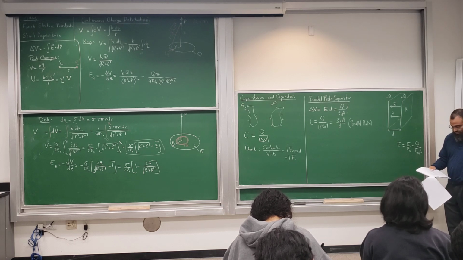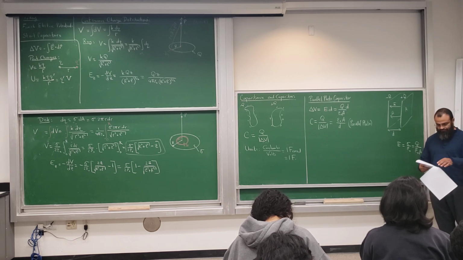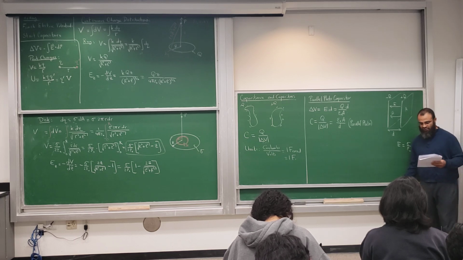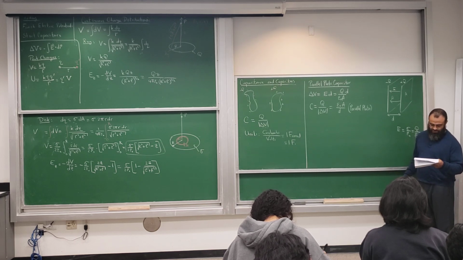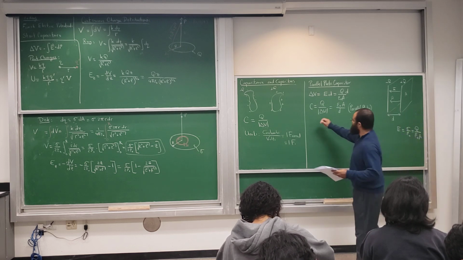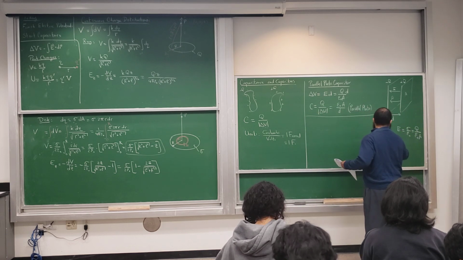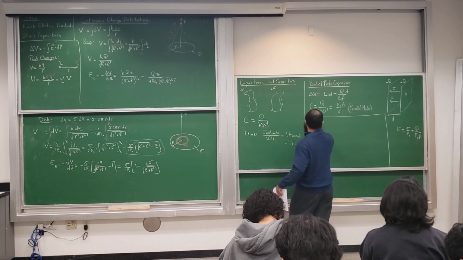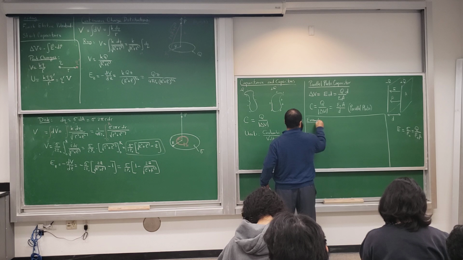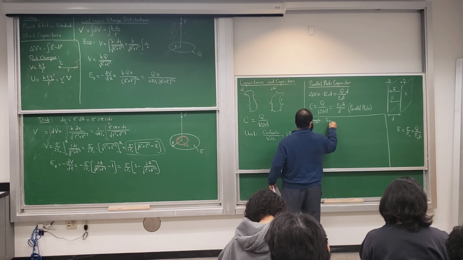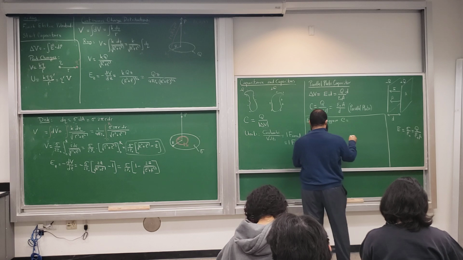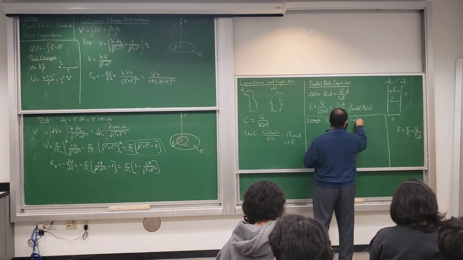Let's say we have a capacitor, just to get familiar with this before I do cylindrical. So we have a parallel plate capacitor, and the example here is this. Suppose C, the capacitance, is 1 microfarad.